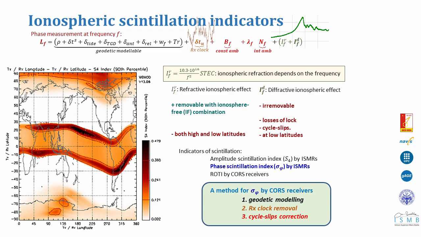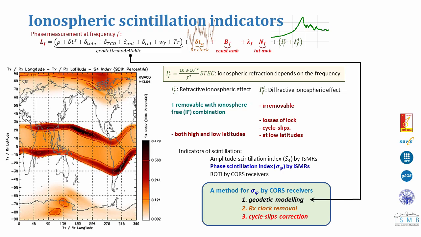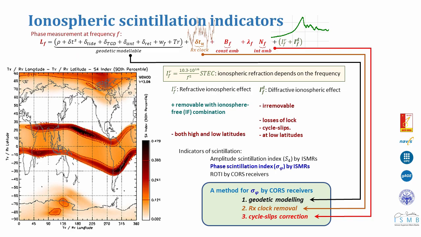And we have proposed a method to compute the phase scintillation index sigma phi for receivers of those well-distributed stations. First, we remove the modelable errors, and then the receiver clock bias, and finally the cycle slips correction.